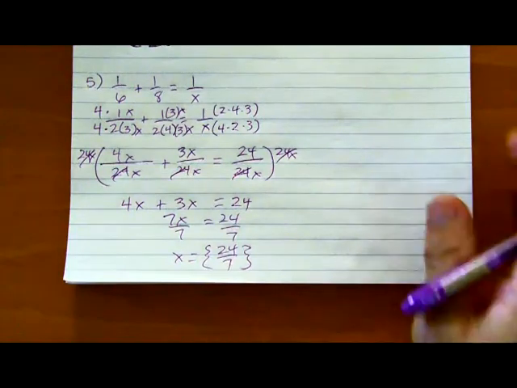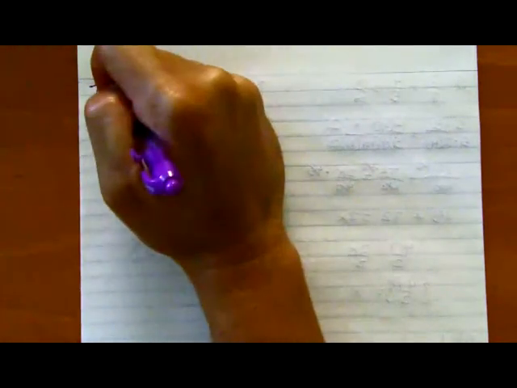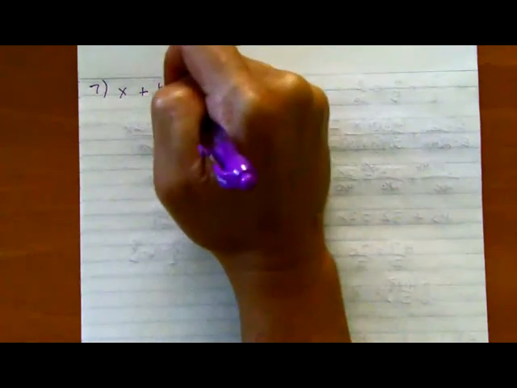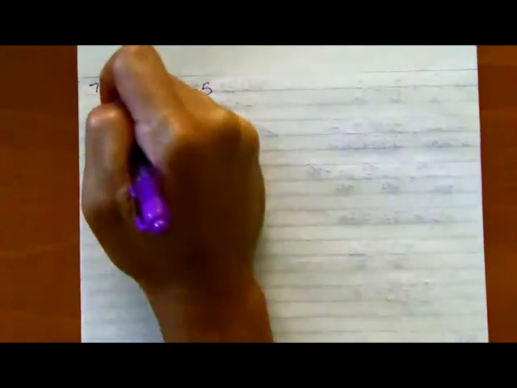Okay, number 7. Number 7 says x plus 4 over x equals -5. These have a denominator of 1. We need to get the denominators to match.